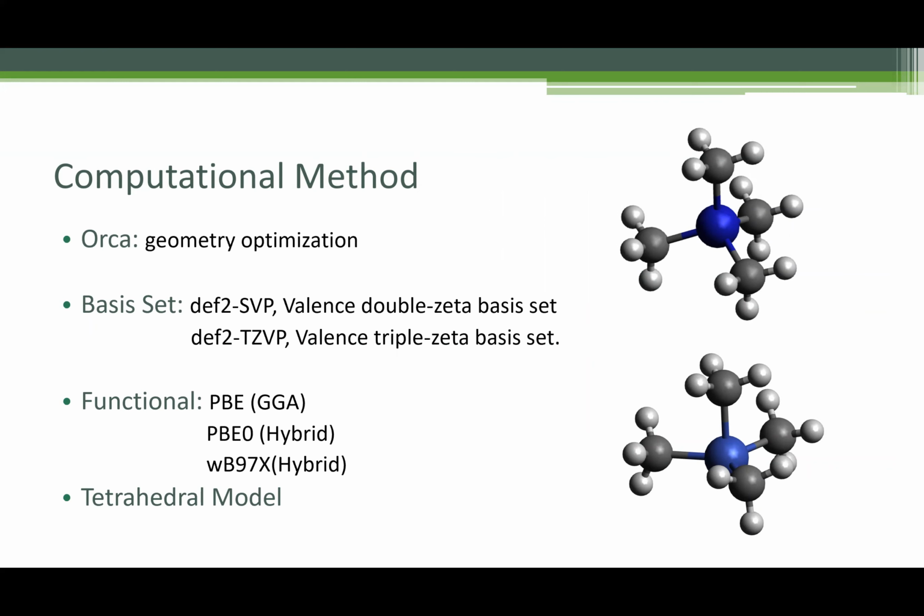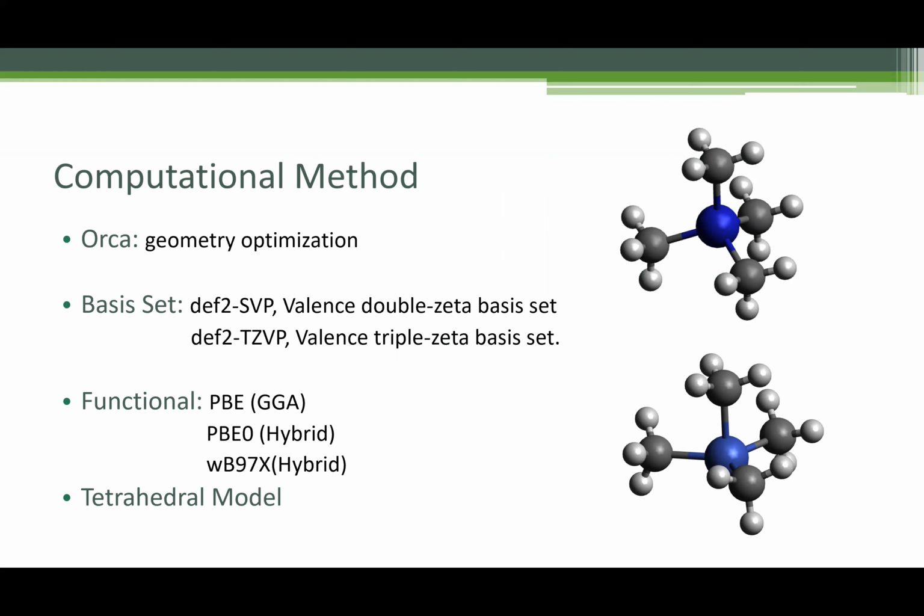They are def2-SVP, which is a double zeta basis set, and def2-TZVP, which is a valence triple zeta basis set. I tested three functionals. They are PBE, which is GGA, PBE0, a hybrid functional, and WB97X, a hybrid functional.